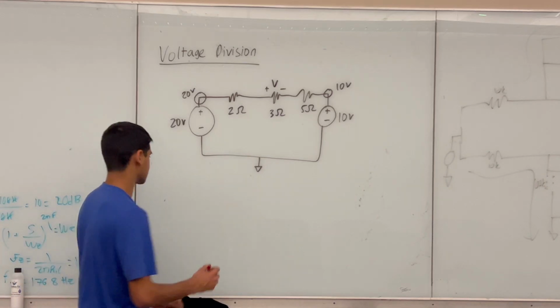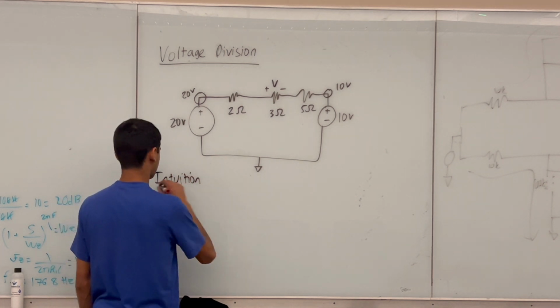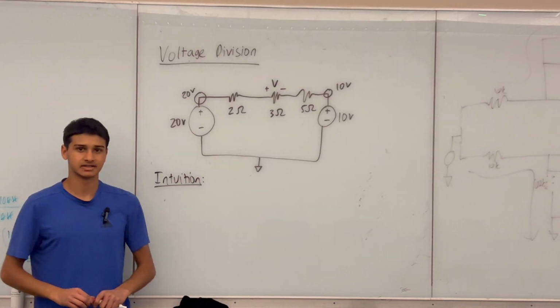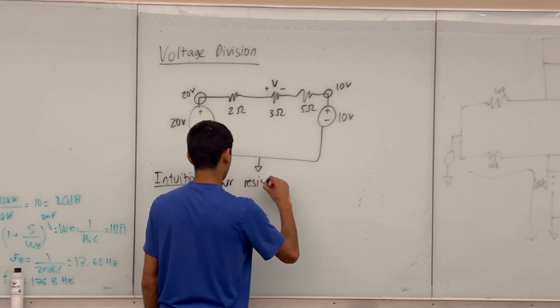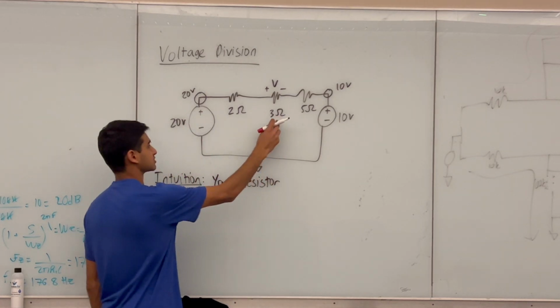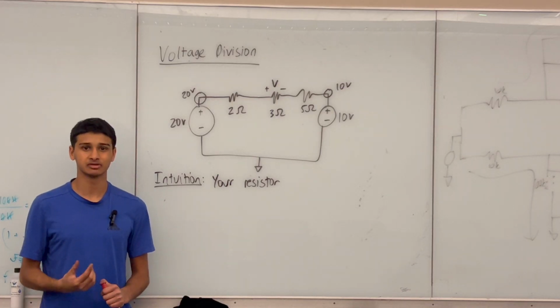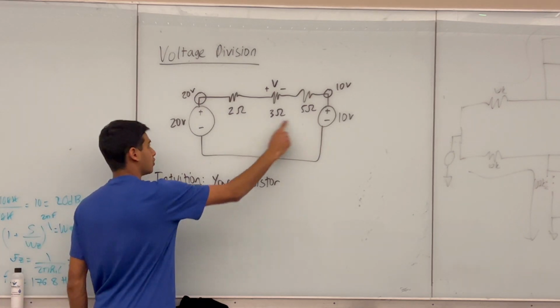The way I like to think about it, just looking at this example before even solving anything, is that your resistor, in this case the middle 3 ohm resistor, is consuming a certain percentage of the total voltage applied across all the resistors.